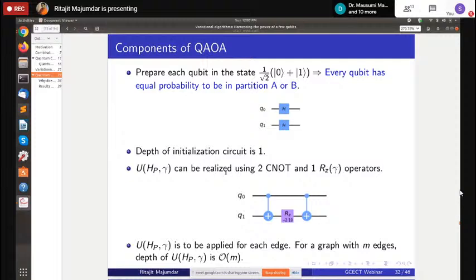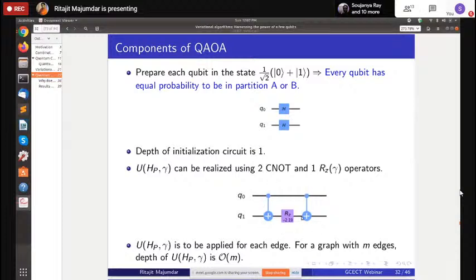So this is the UHP gamma. If you want to realize that, you require two CNOT gates and one RZ gamma operator. We have explicitly seen RY, but this is RZ, rotation along the Z axis, and gamma is the parameter which we can change. For this simulation, I took gamma equal to minus 2.19, but you have to find out the best gamma. For each edge, you need to apply this UHP gamma, and for each edge the depth is only 3.